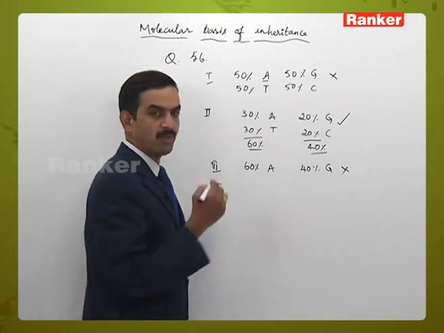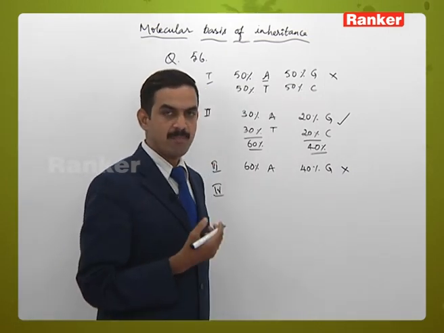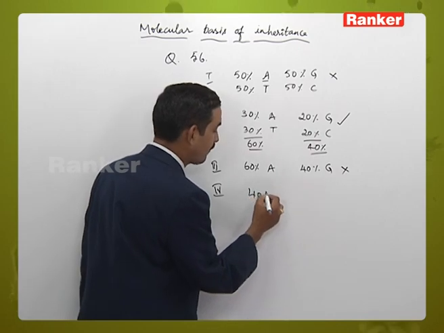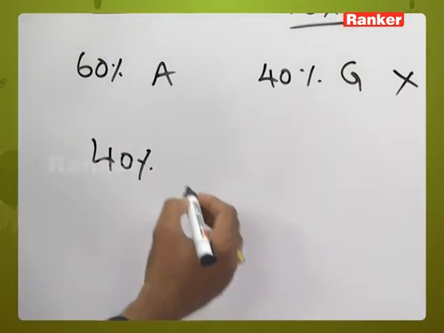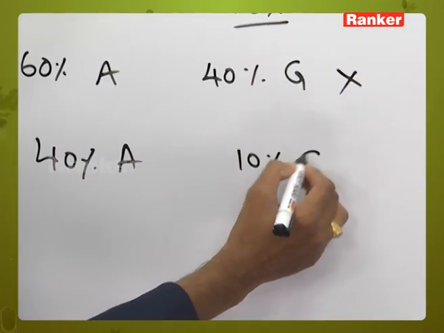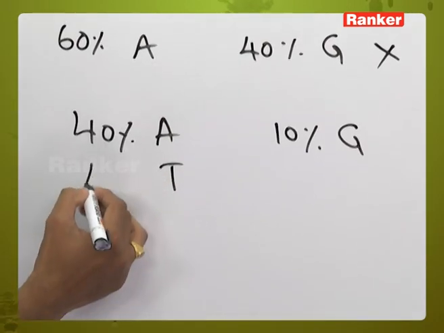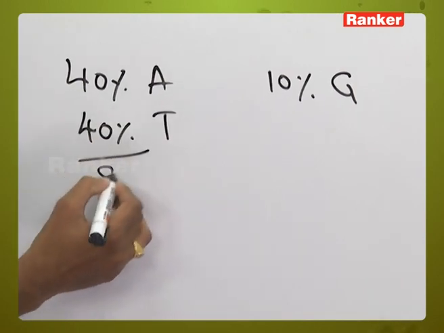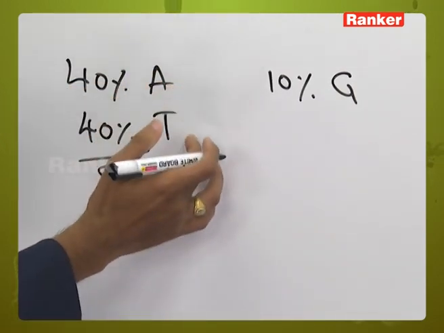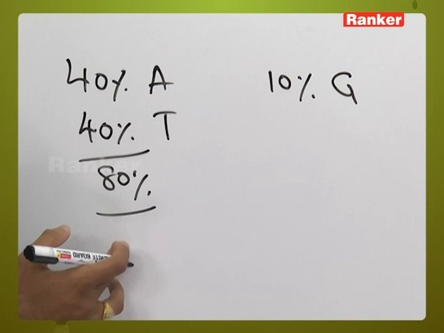Then the fourth one, a DNA consists of 40% adenine and 10% guanine. Let us see this one. When adenine is 40%, thymine is also 40%, so A and T account for 80% of the DNA.